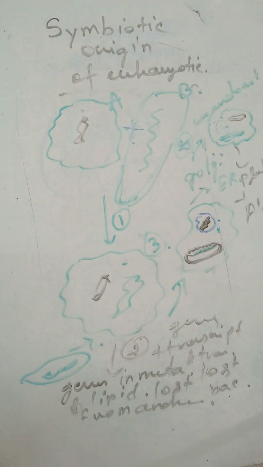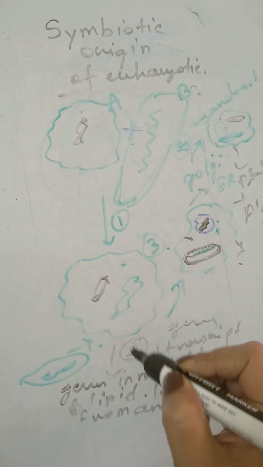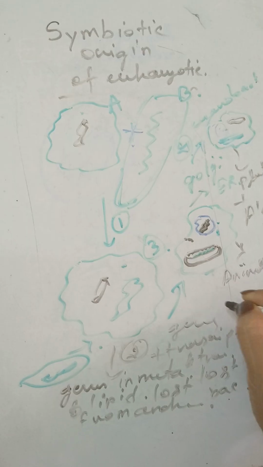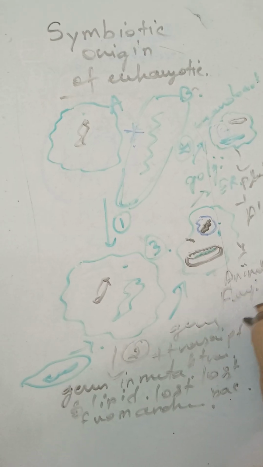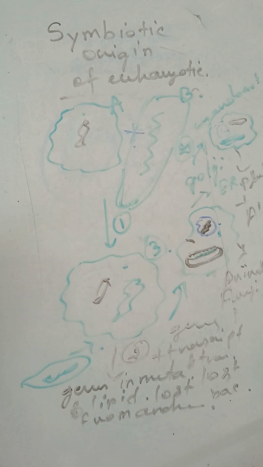If cyanobacteria is not engulfed, the cell also gives rise to some eukaryotes like animals, like us, fungi, and protists, because we don't need chloroplast or chlorophyll. So two types of eukaryotic cells can be produced depending upon the last endosymbiosis step, which is the engulfment of the cyanobacteria.